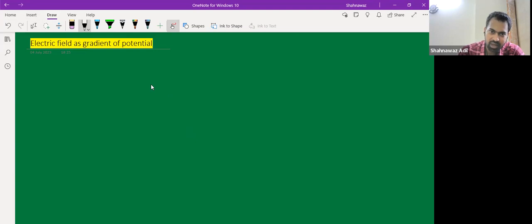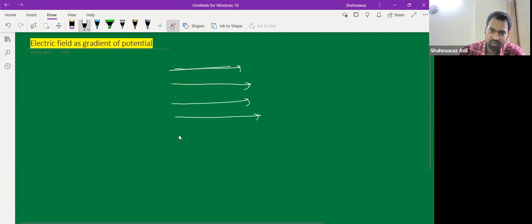What do we know? Let's say that for a uniform electric field, with some charge put in here, F is QE. And we are taking this charge from the initial point to the final point.